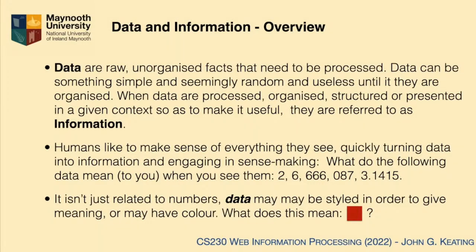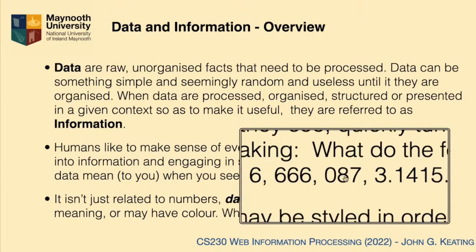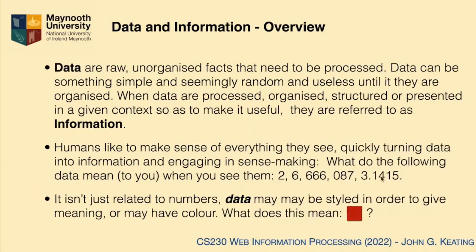Humans tend to like to make sense of everything that they see. They always turn data into information, and they engage in some kind of sense making. So if you think for a minute, what do these data mean to you when you see them? If you look at 2, 666, 087, 3.1415, these are numbers.